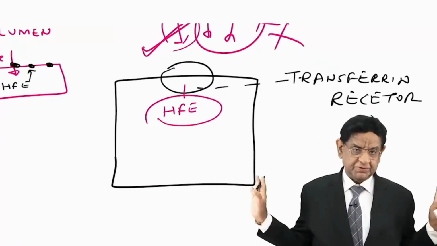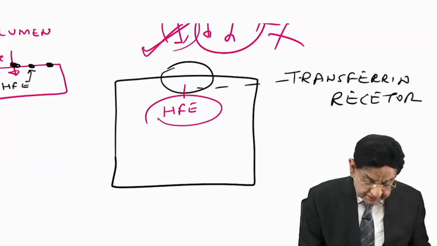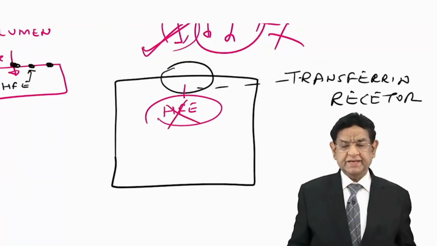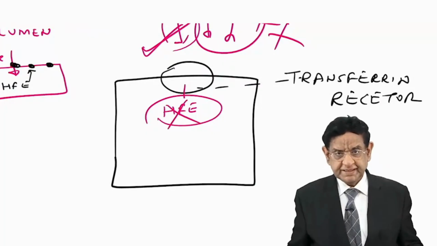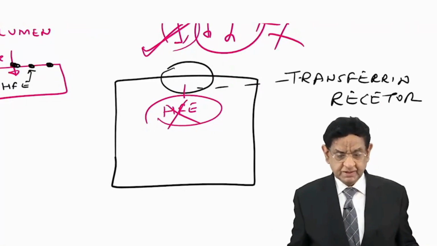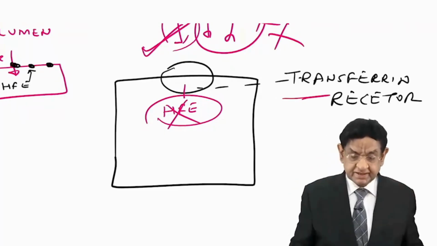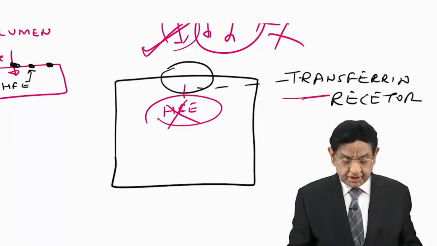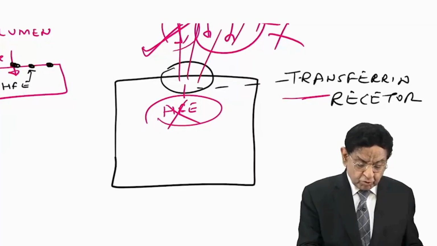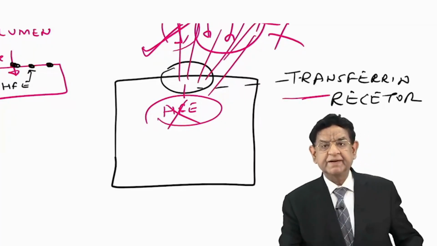Fair enough, understood. Suppose this security guard is not there. He is on leave, he is off. So that means the receptor is there, the gate is there, but now there is no security guard. Now many more people will come in.